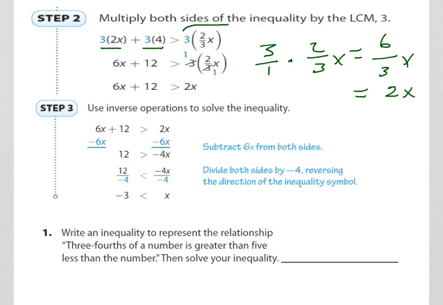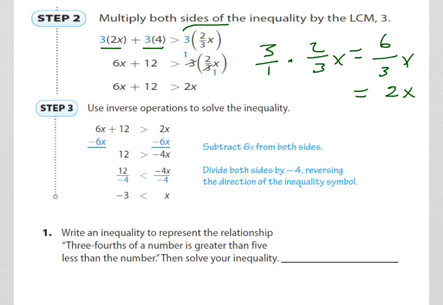So since we are dividing by that negative 4, what happens with the sign? Remember, we reverse that sign, and it's not greater than anymore, it becomes less than. So that tells us when we divide negative 4 into 12 that negative 3 is less than x.